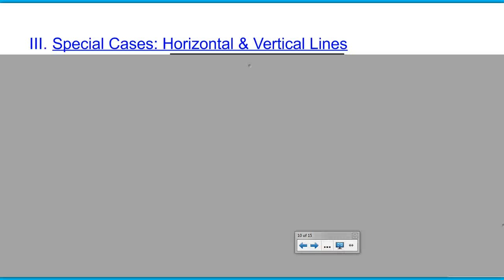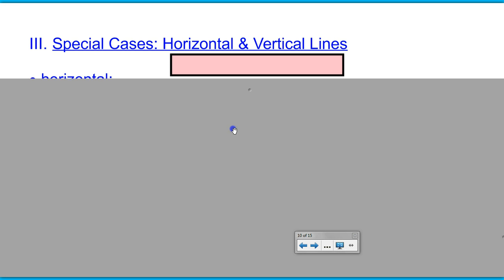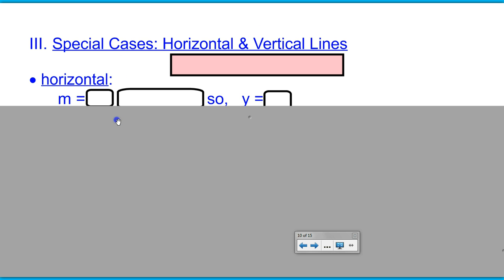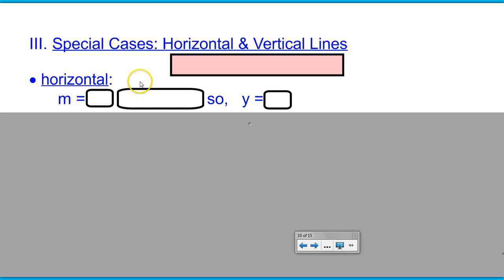Okay, so today let's first start by looking at special case linear equations in standard form. So horizontal and vertical lines are special cases, right? And we know that a horizontal line, imagine that it looks like the horizon, right? Very flat, right? We know that the slope of something that is flat like that equals 0, right?